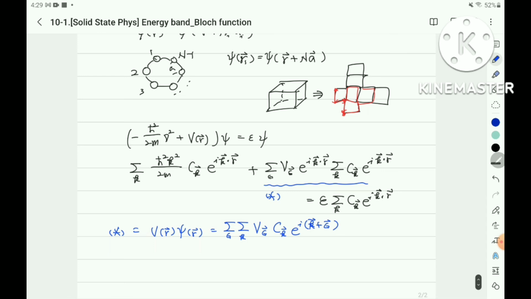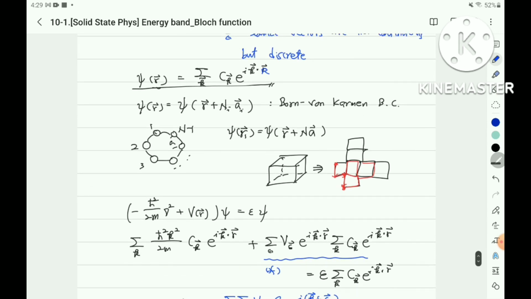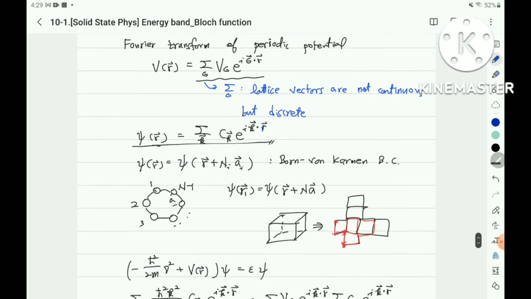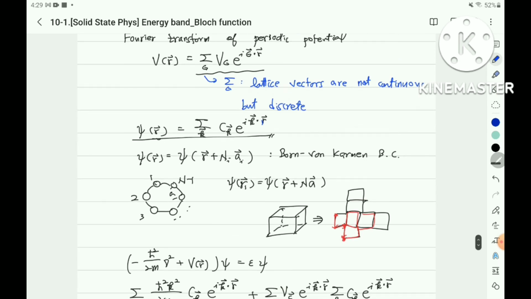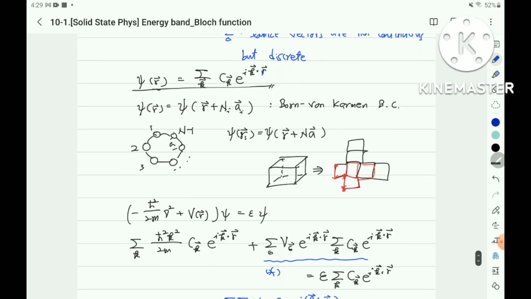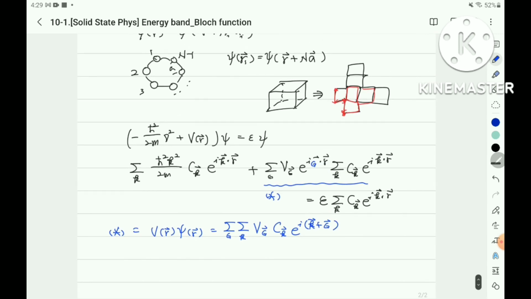Therefore, here the reciprocal lattice vector is g, not k, but g, dot r.